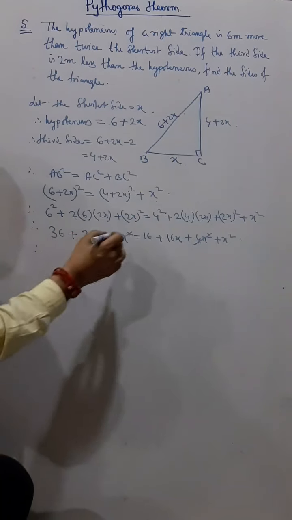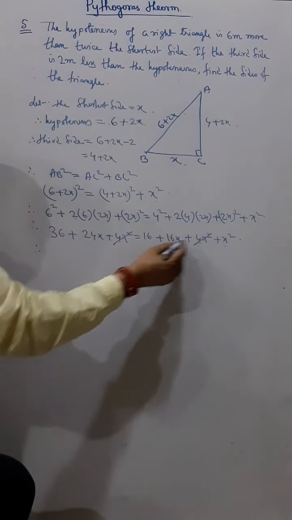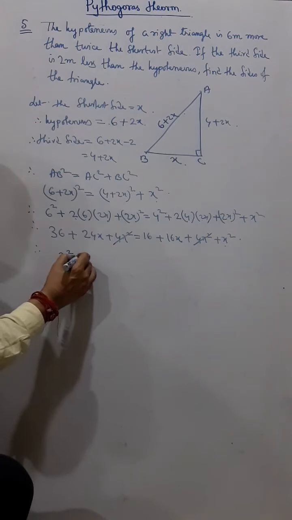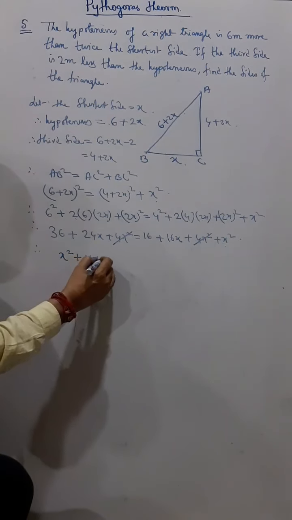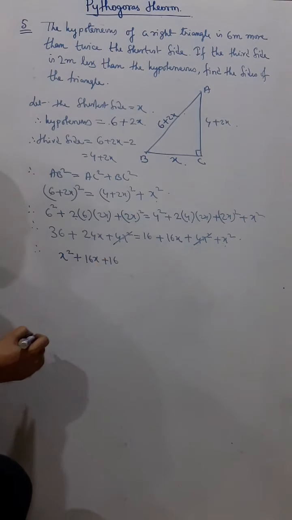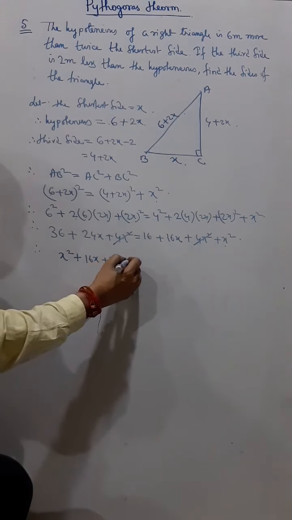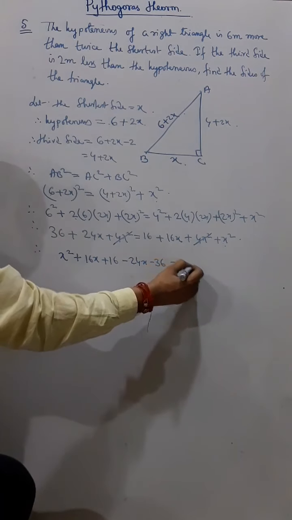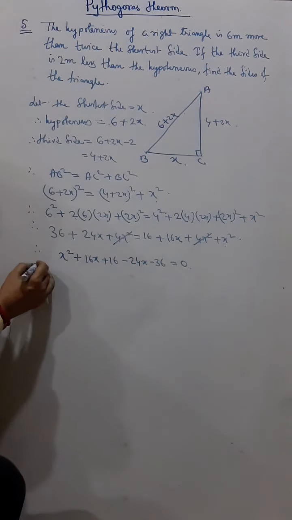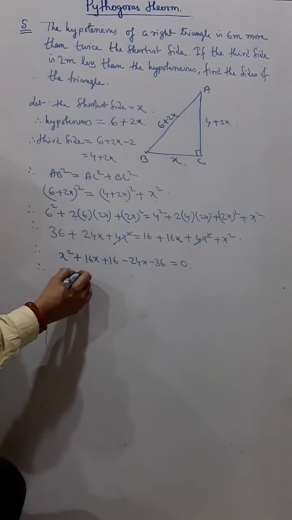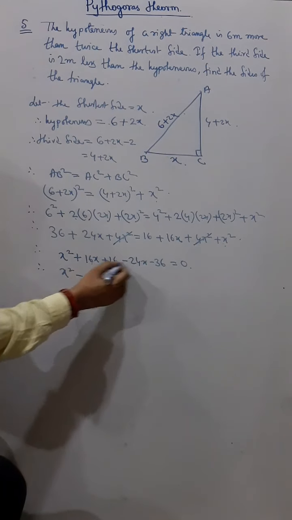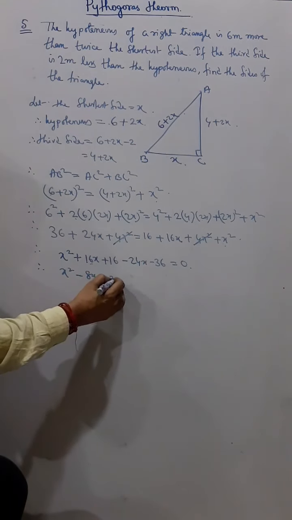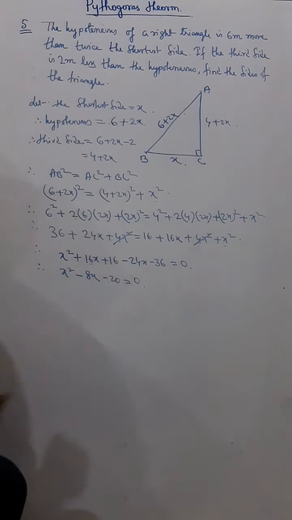So what we got here is x square plus 16x plus 16 minus 24x minus 36 is equal to 0. So you can write like this. Finally we got x square minus 8x minus 20 is equal to 0.